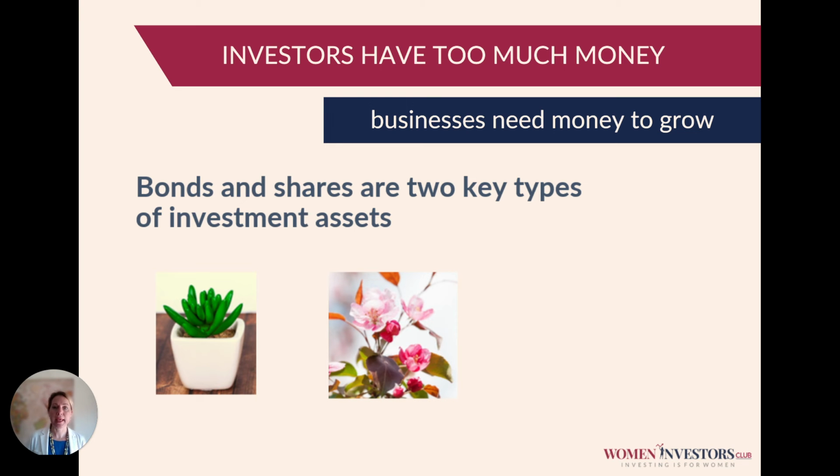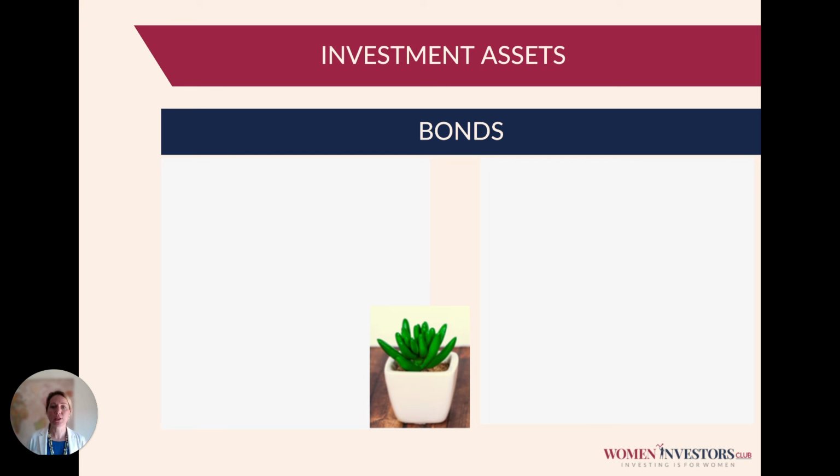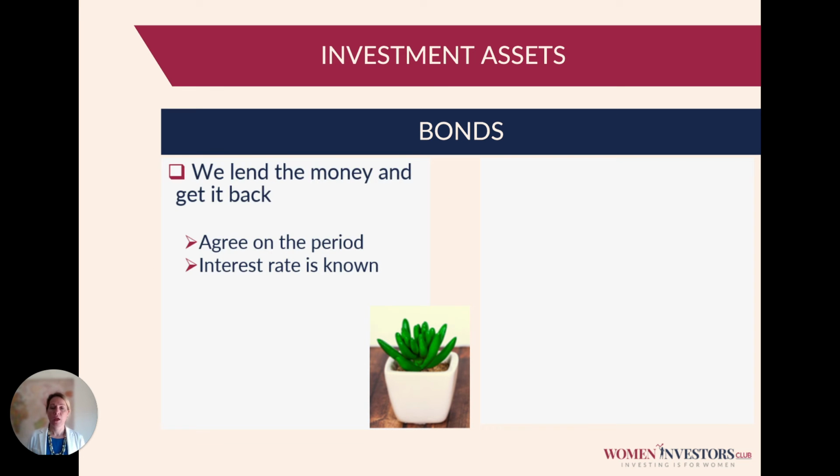Bonds and shares. And in a moment, you will understand why. Bonds. The principle behind any bond is that we lend the money and we will get our money back.